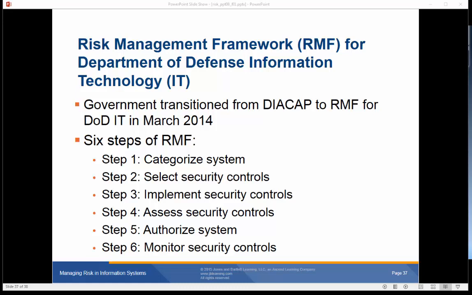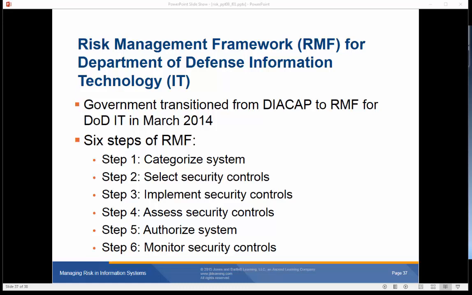This is using appropriate assessment procedures to determine the extent to which the controls are implemented correctly, operating as intended, and producing the desired outcome with respect to meeting the security requirements for the system.